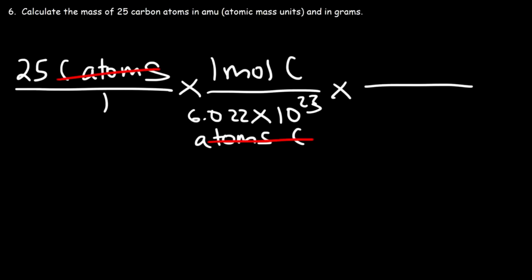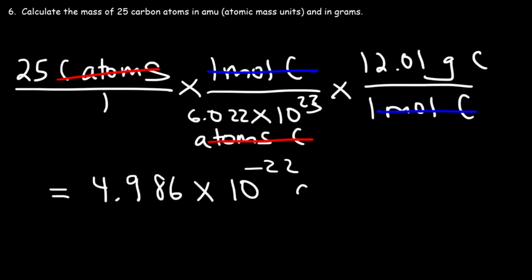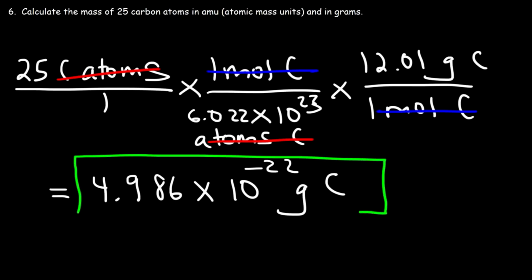And then we have the molar mass of carbon. 1 mole of carbon has a mass of 12.01 grams. And so this will give us the same answer, and that is 4.986 times 10 to the negative 22 grams of carbon. So as you can see, there's different ways in which you can arrive at the same answer.